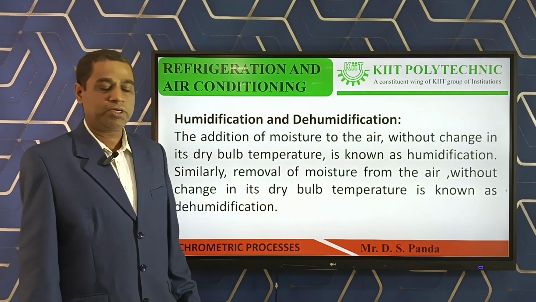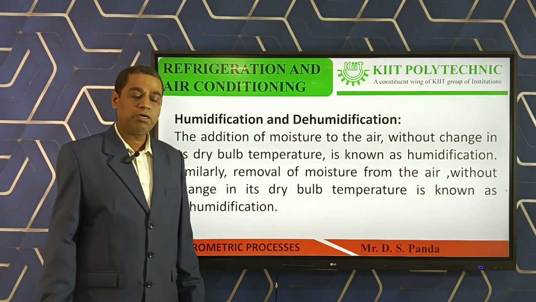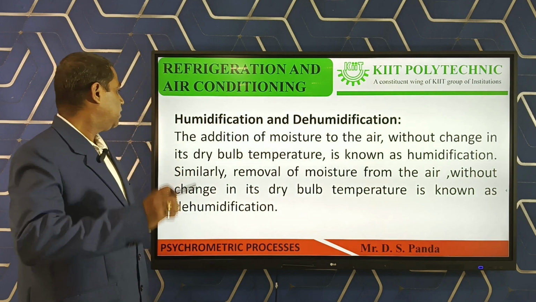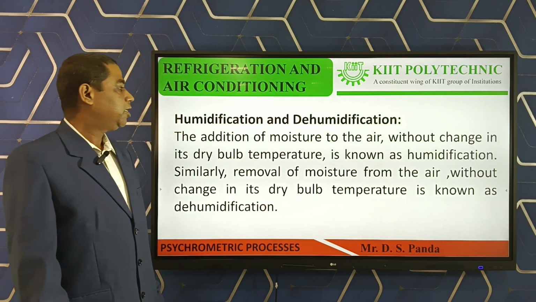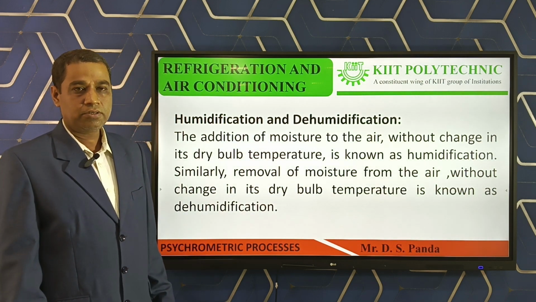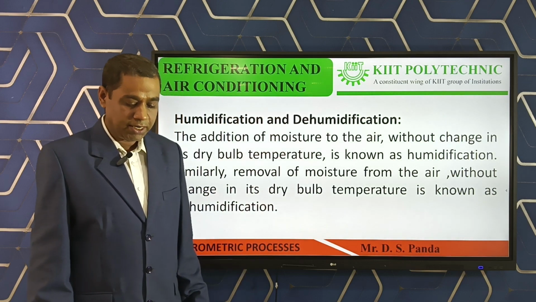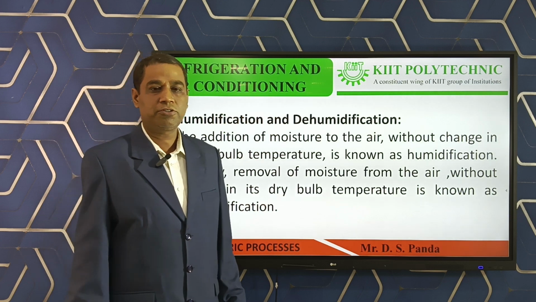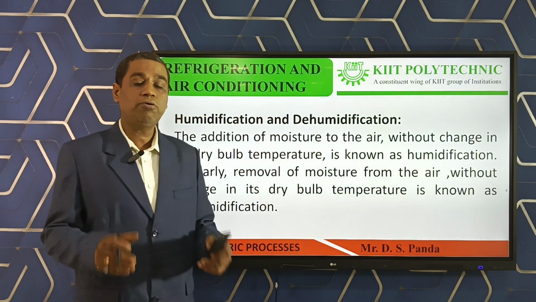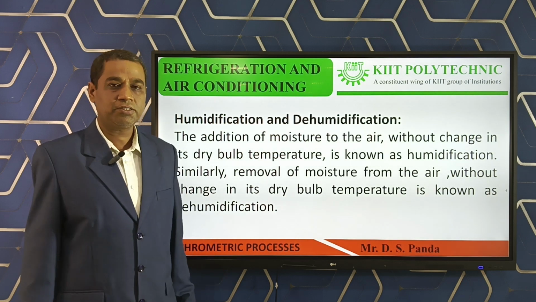The next one is humidification and dehumidification. Addition of moisture to the air without changing its dry bulb temperature is known as humidification. We have to add some amount of moisture to the air without changing its dry bulb temperature, then it is humidification.